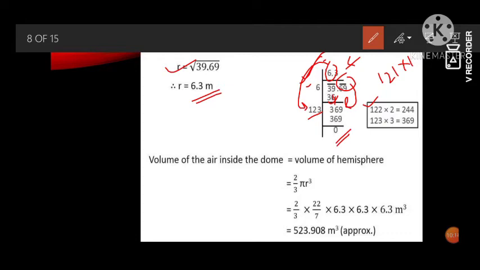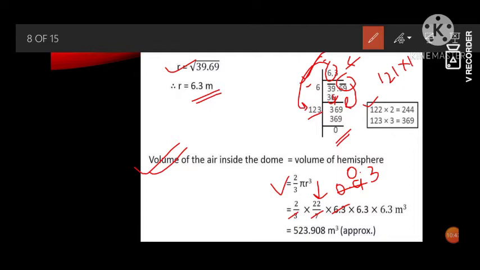Now since we have our radius with us, we will find the volume of the air inside the dome, which is the volume of the hemisphere. So the formula is 2 by 3 pi r cube. Again pi is not mentioned, so we will use 22 by 7. So 2 by 3 into 22 by 7 into 6.3 into 6.3 into 6.3. So 7 can be cancelled with 0.9, 3 can be cancelled with 0.9 and we will get 0.3.